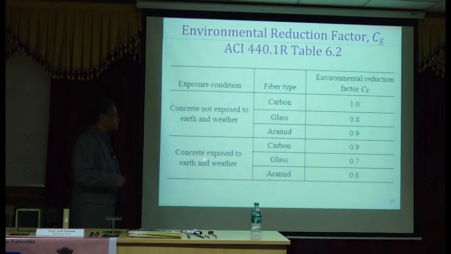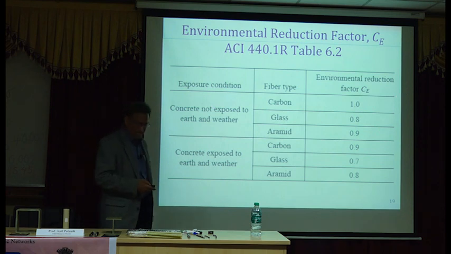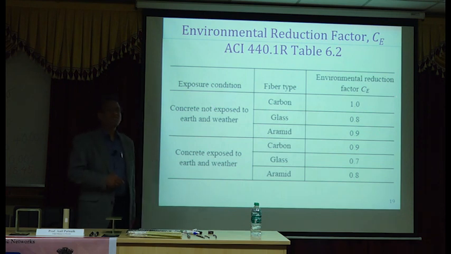However, if concrete is exposed to earth and weather, which includes moisture, then for carbon also we must use a small reduction, that is 10% reduction, which means a 0.9 factor. Glass, it's 0.7, slightly less than 0.8. For aramid, it's 0.8, slightly less than 0.9. Okay? So these are the C sub E factors.